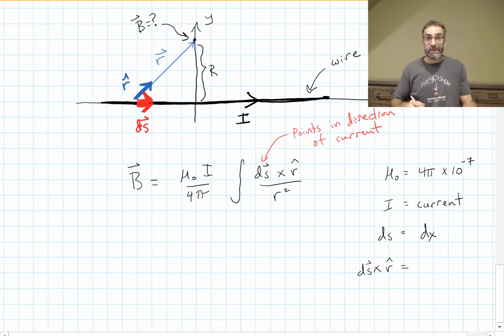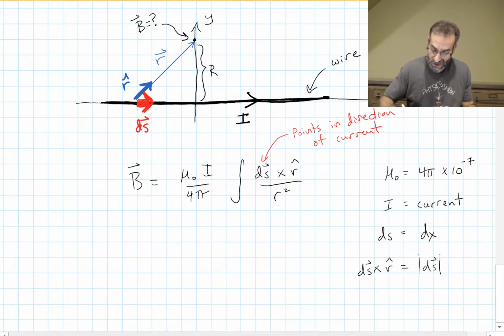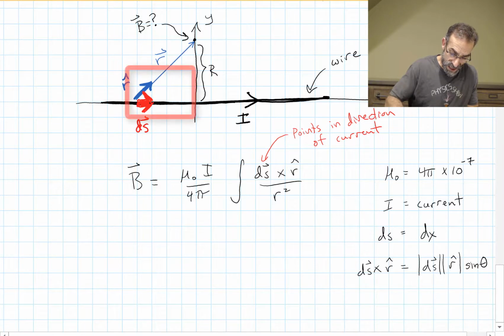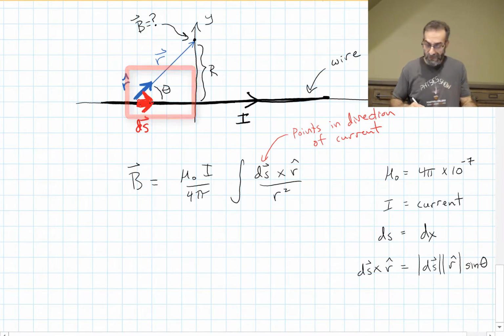Well, when we do a cross product, we take the magnitude of the first vector, the magnitude of the second vector, and the sine of the angle we get when we put their tails together. That means we're interested in this angle right here. And the direction is given by the right-hand rule.